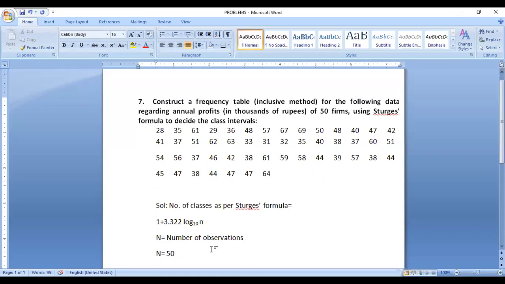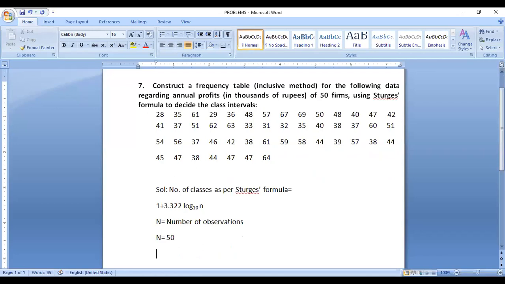Now Sturges formula is equal to 1 plus 3.322 log 10, in n place you take it as 50.